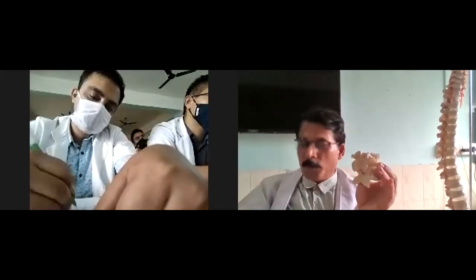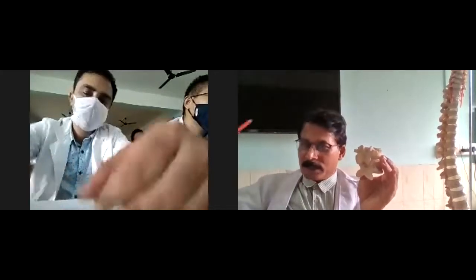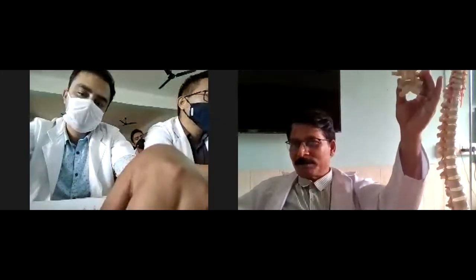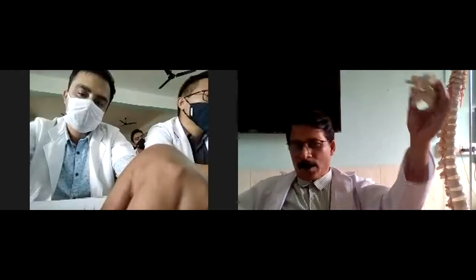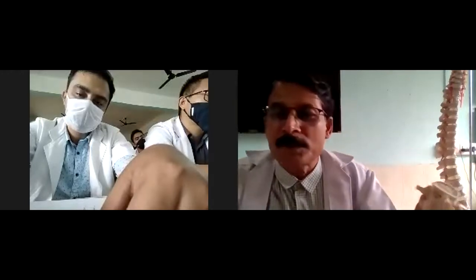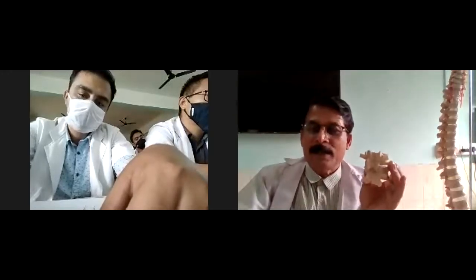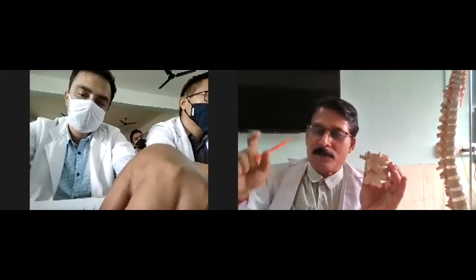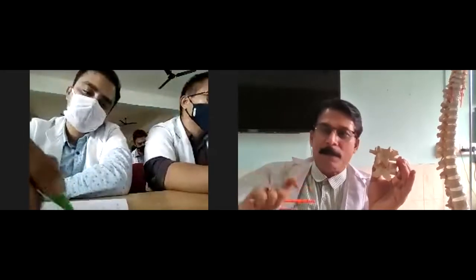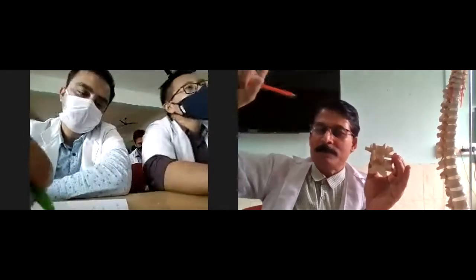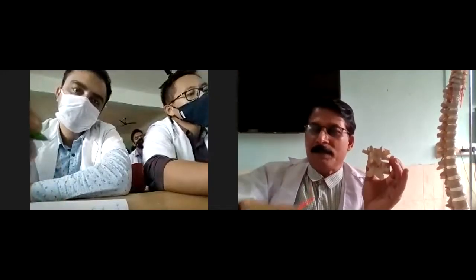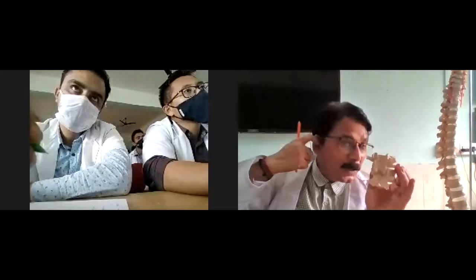The total height is normally 61 centimeters in females and 71 centimeters in males. This total height of the spinal column is contributed by the vertebral bodies and also the intervertebral discs. The disc contributes around one-third to one-fourth, and the majority comes from the lumbar area, 9, then 5, then 3.